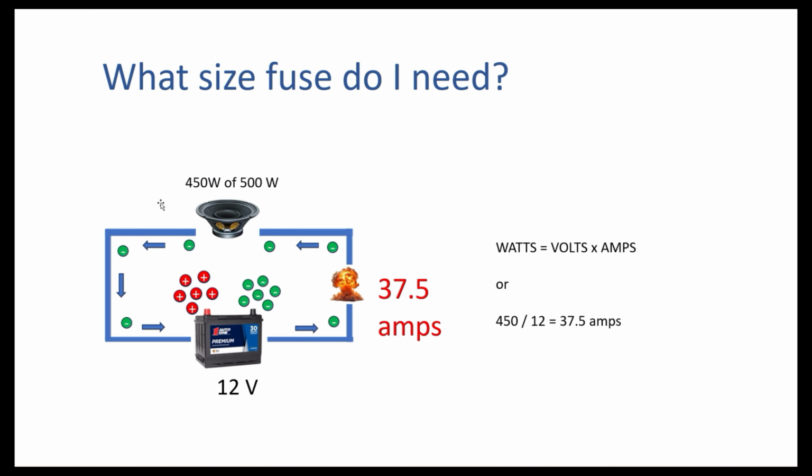When we were running at 50%, the fuse was fine, but as soon as we turned it up to 90% and we were putting a lot more current through the circuit to supply the electrical energy we needed to run the speaker at 450 watts, it exceeded the amperage of the fuse, and the fuse melted. And so in this case we're probably going to need a 40 amp fuse in the circuit, not a 30 amp fuse.